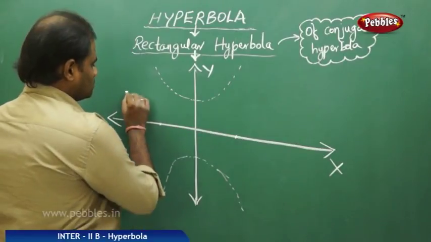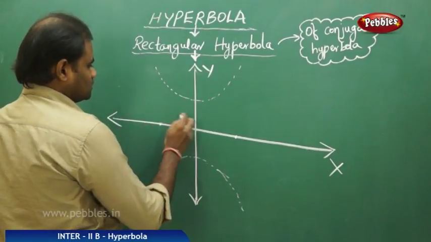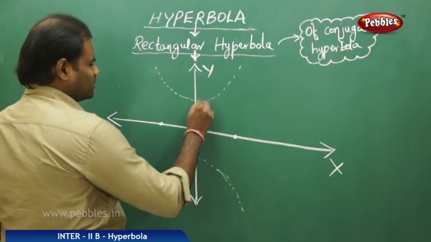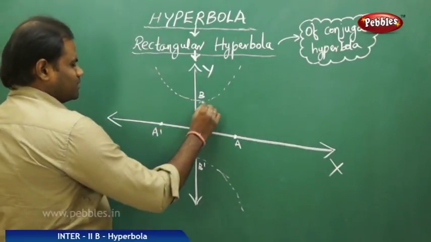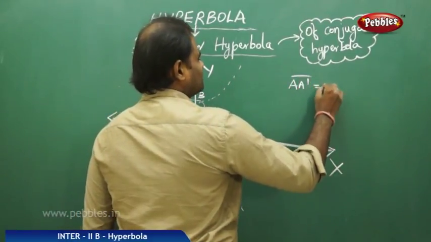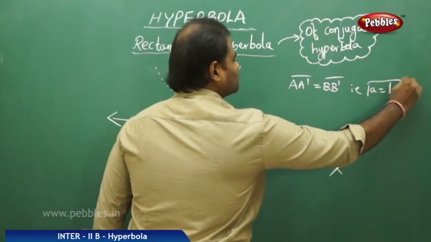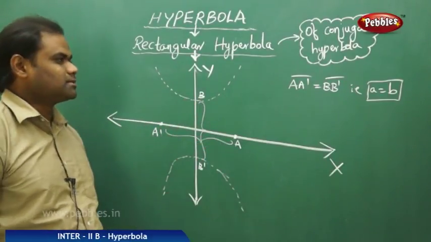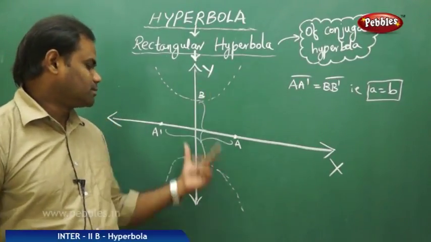So I get this equals this. A conjugate hyperbola is a rectangular hyperbola if this and this are same. That is, AA dash is equal to BB dash. That is, a is equal to b is the condition, or length of transverse axis is equal to length of conjugate axis. Is how we define the rectangular hyperbola for a conjugate hyperbola.